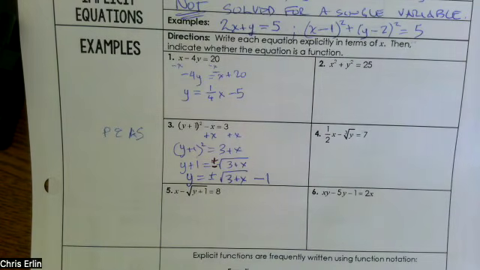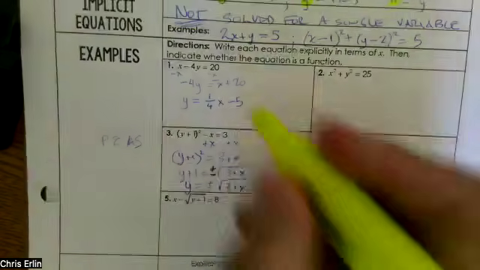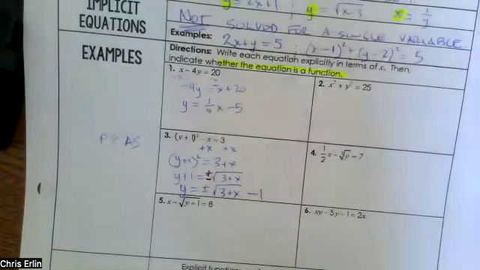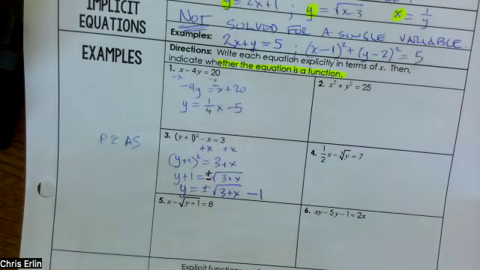Now, how do I decide whether these things are functions or not? What does a function have to have? Reliability. That when you put a value for X in, you always know there's exactly one Y value.